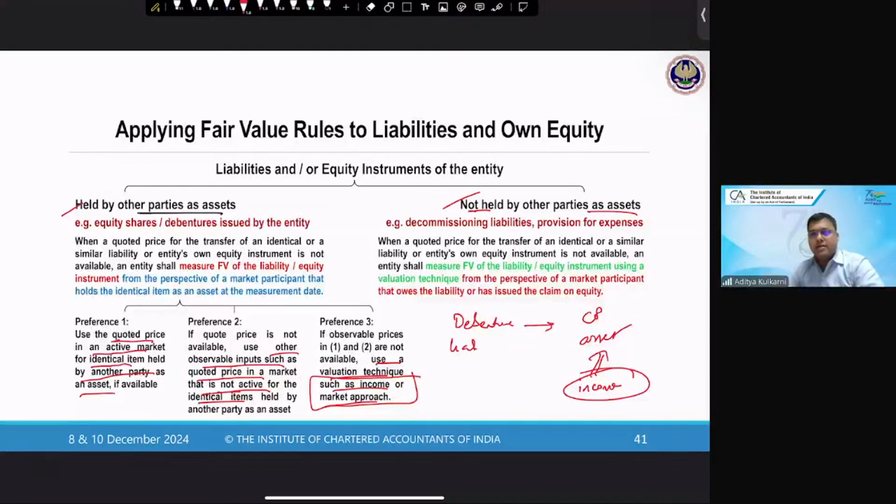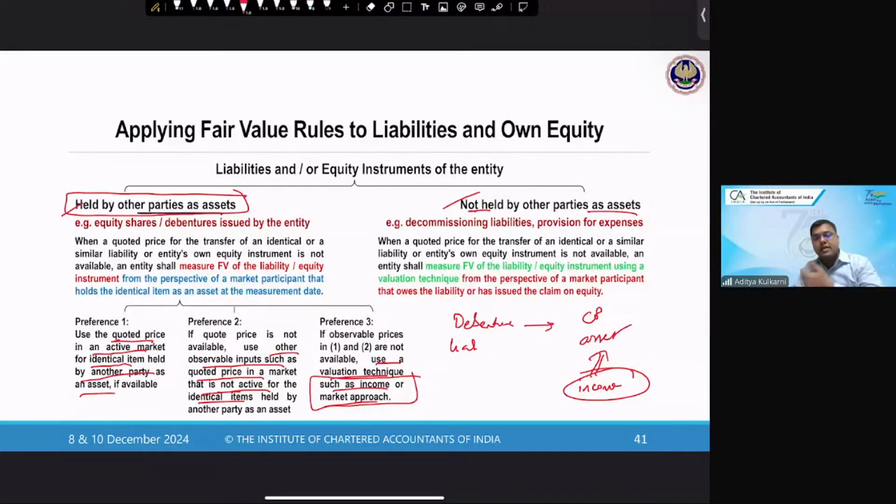Liability will not have its own income, but the liability, which is somebody else's asset, will have an income. So this part is basically if my liability is somebody else's asset, only then you can apply these three approaches.